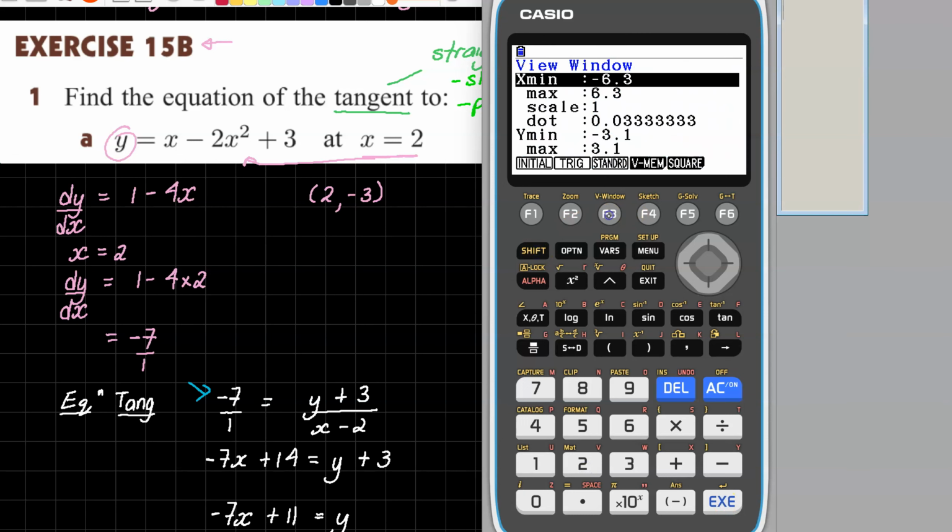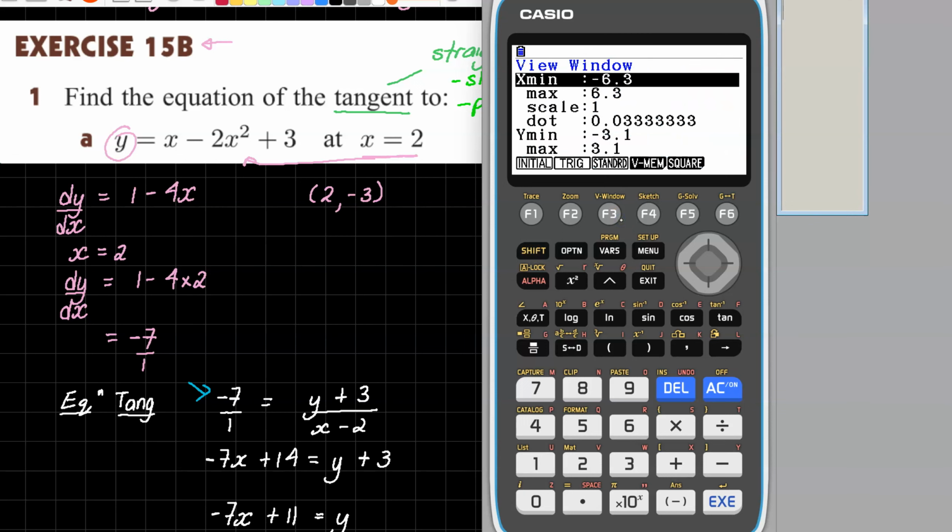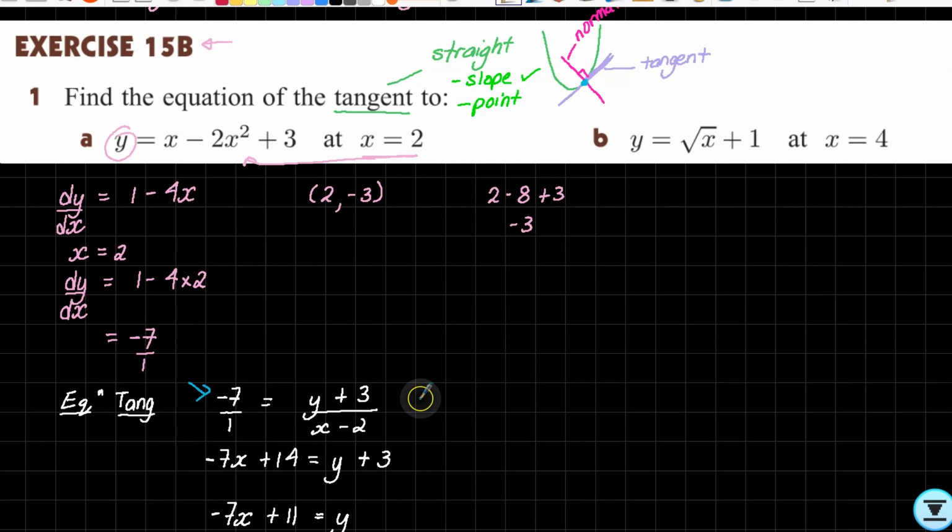Shift, Sketch, Normal, when x is 2. Yes, it's taking a bit of time. Enter. And it's lost the other one. Anyway, trust me on that. If you go Shift View Window and you go Initial, that will actually look like it's right angle, perpendicular. Anyway, let's just do one more.